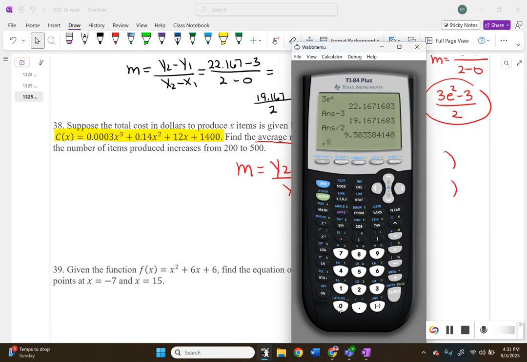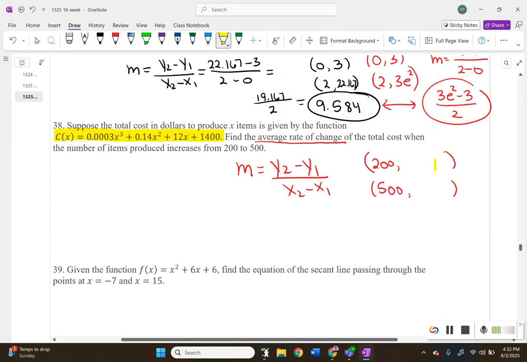I'll just do my home screen. 0.0003 parentheses 200 parentheses to the third, plus 0.14 parentheses 200 squared, plus 12 times 200, plus 1400. And so I get 11,800 for this one.